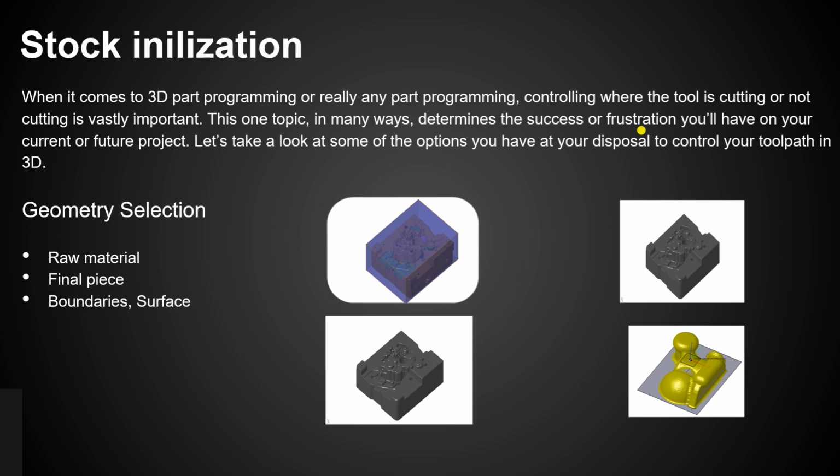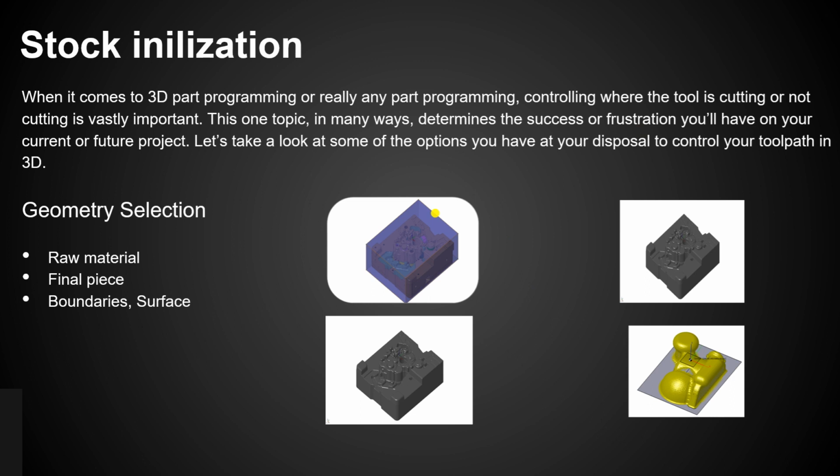First of all, we have to select our geometry. Geometry means the thing which you are going to cut on your machine, the final part. Before cutting the final part, you have to know your material. This is my solid block. My final piece is 520 by 520.